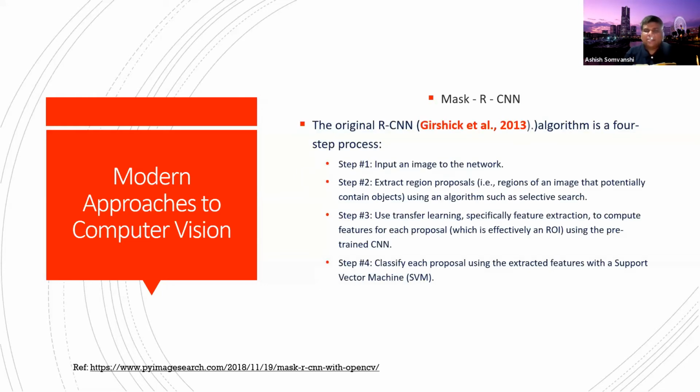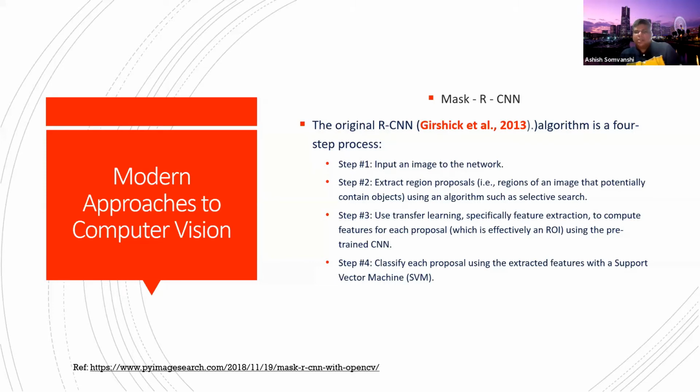The original version of Mask RCNN was published in 2013 as RCNN, which was a four-step algorithm. First, the input was fed to the network in the form of an image, a very logical step. Then region proposals were extracted through algorithms like selective search.